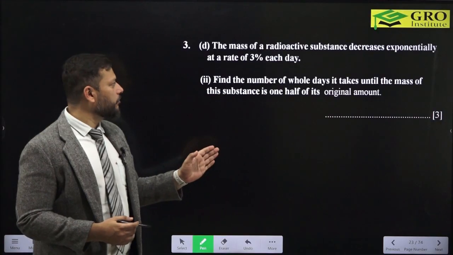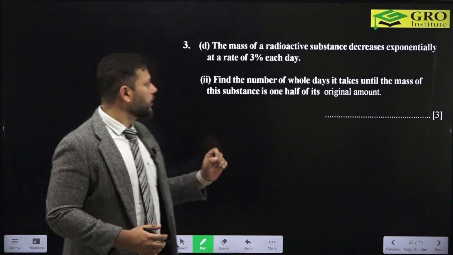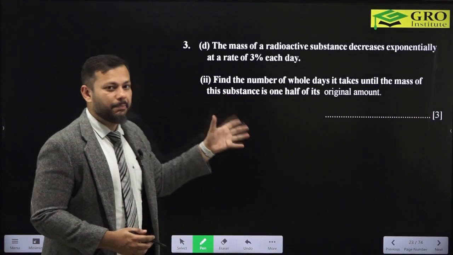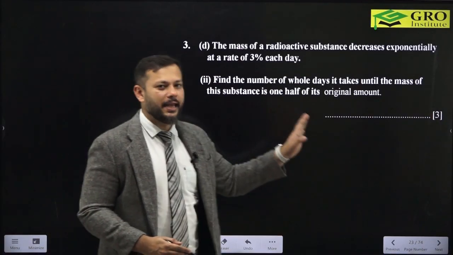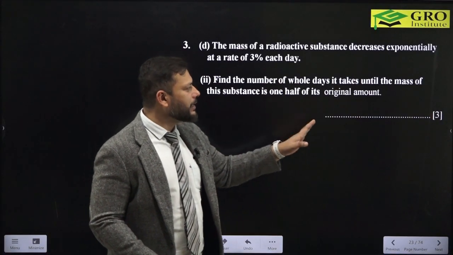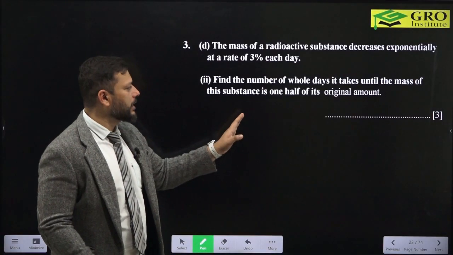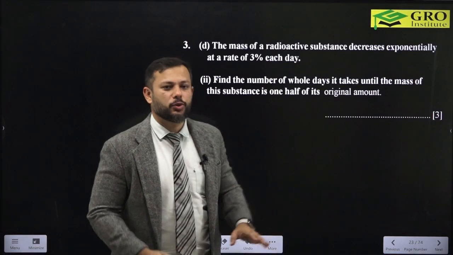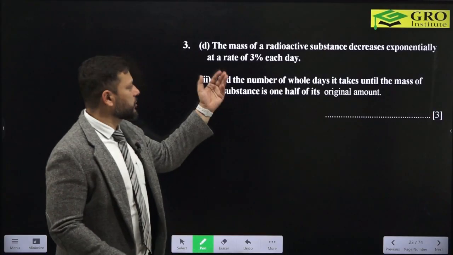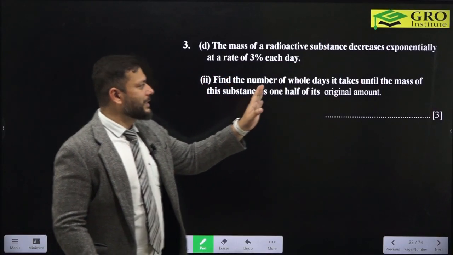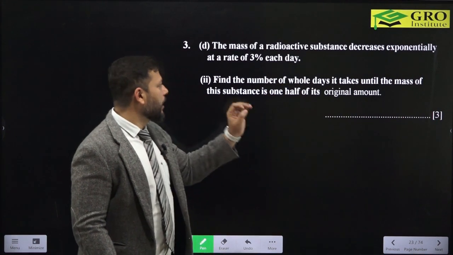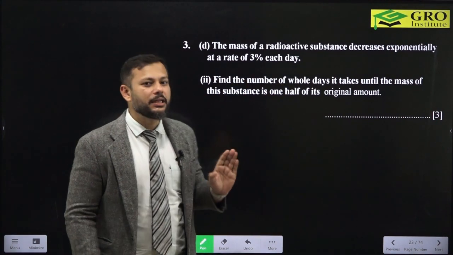So yes, guys, now we have part D of the question. In part D, we have subpart 2. Now we have to find the number of whole days it takes until the mass of this substance is 1/2 of its original amount. If we read the question again, we know that the mass of the radioactive substance was decreasing exponentially at a rate of 3% each day.